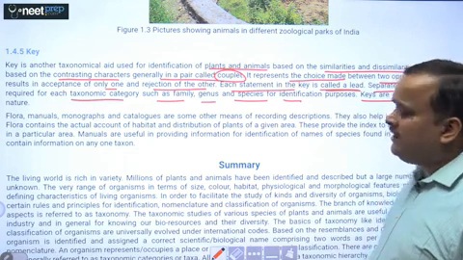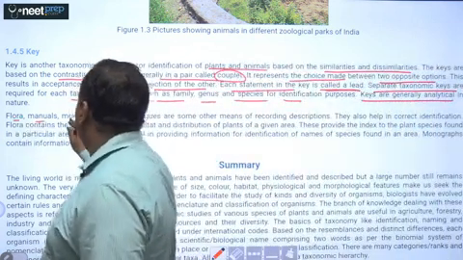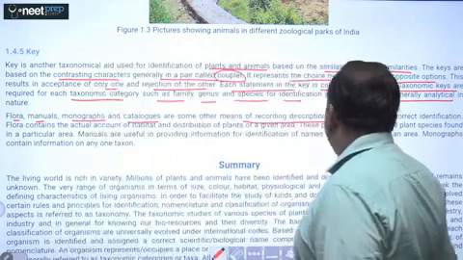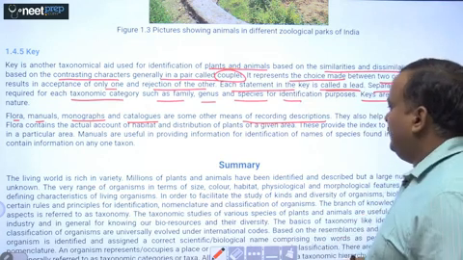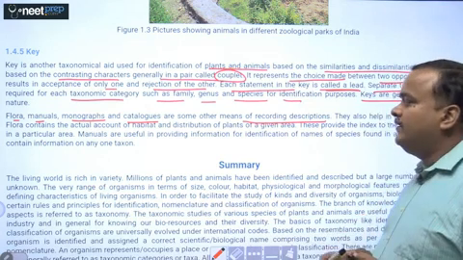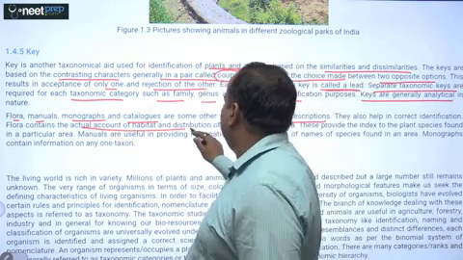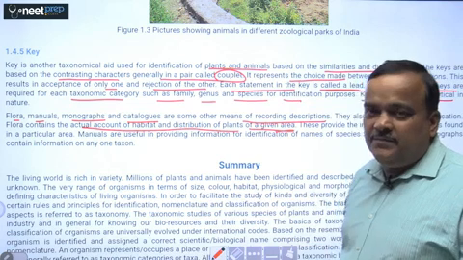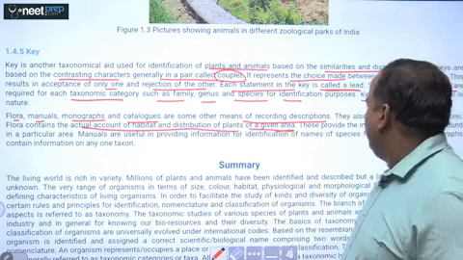Now the other taxonomical aids are flora, manual, monograph and catalog, which are some of the other means of recording descriptions. They also help in identifying plants. What is a flora? A flora is a book which contains an actual account of the habitat and distribution of plants of a given area. So what type of plant is present in a particular area and where it is present is written in the flora.